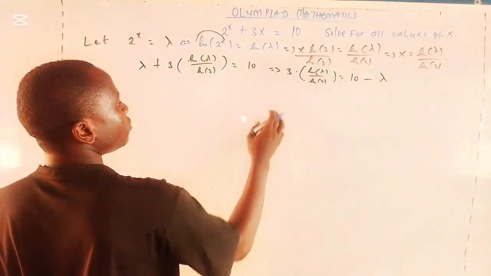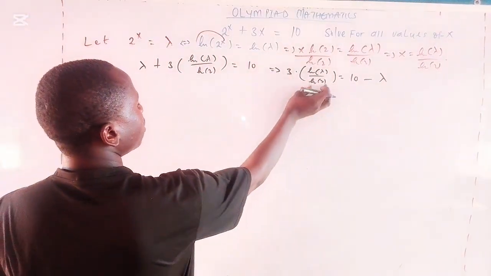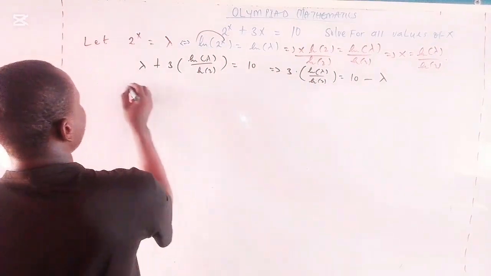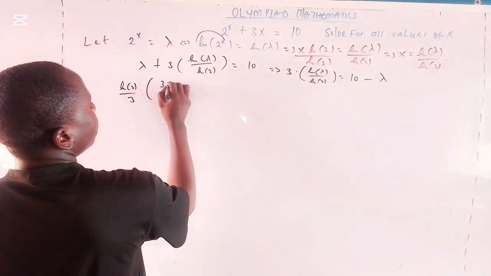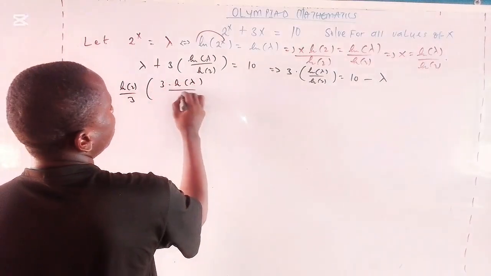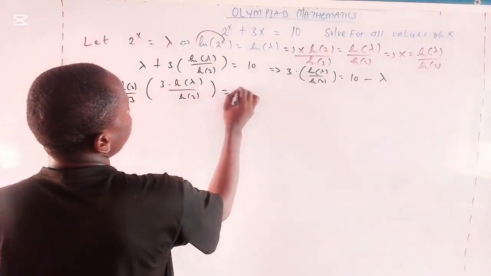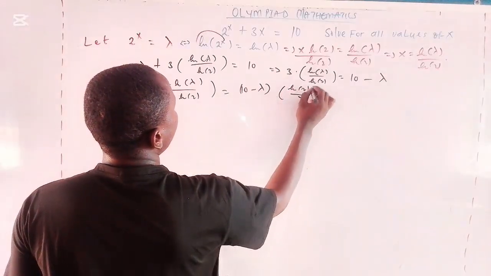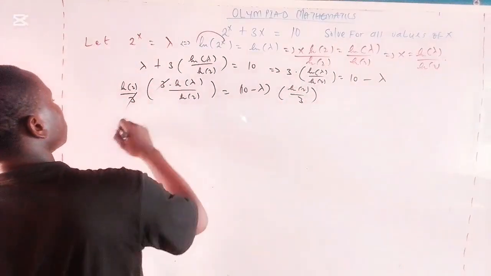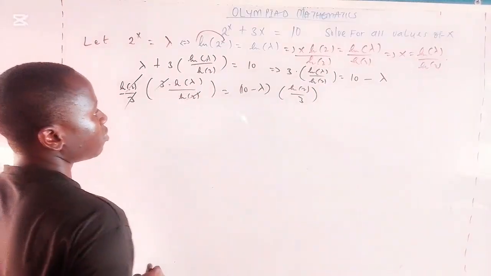The next thing you are going to do is multiply both sides by natural log of 2 over 3. So if we do that, we have natural log of 2 over 3, multiplied by 3 multiplied by natural log of lambda over natural log of 2, equal to 10 minus lambda multiplied by natural log of 2 over 3. So 3 cancels out 3, natural log of 2 cancels out natural log of 2.